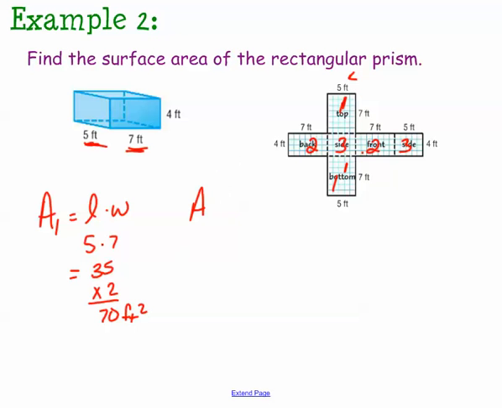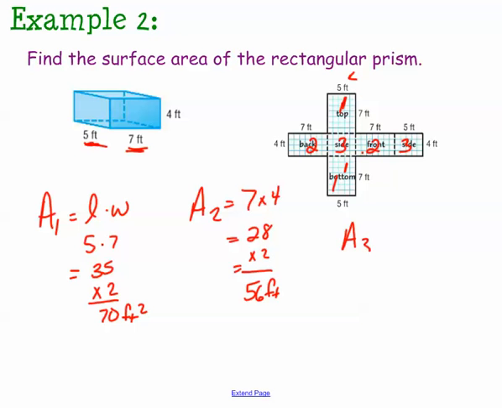Then the area of my second rectangle, that's a 7 by 4. So that's 28. So again, I have to double it because there's 2 of them. So that's 56 square feet.